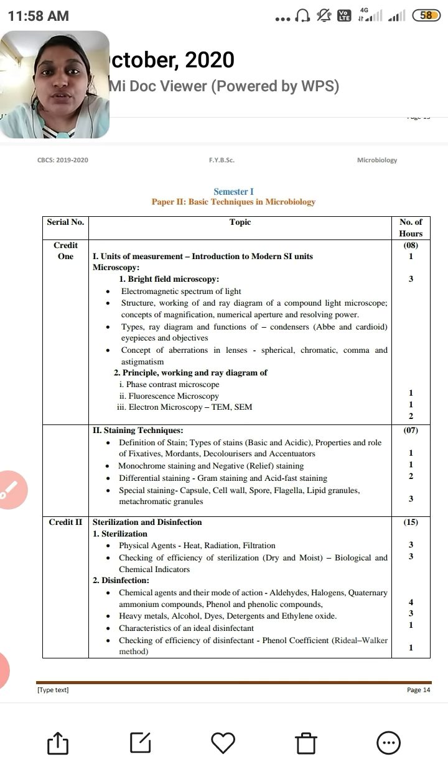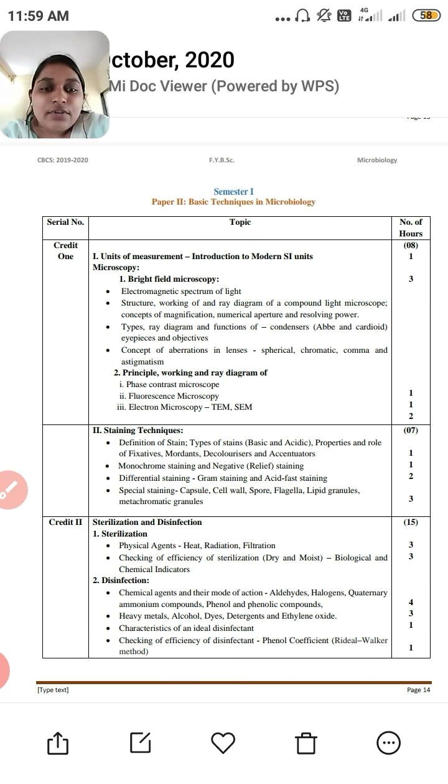Secondly, radiation, we use different rays of light like UV rays to kill the microorganism. The third one is filtration. Here we use different types of filters like membrane filters or asbestos filters to filter out the microorganism. This filtration is usually used mainly for liquids, like liquid media or some liquid things, to sterilize them.